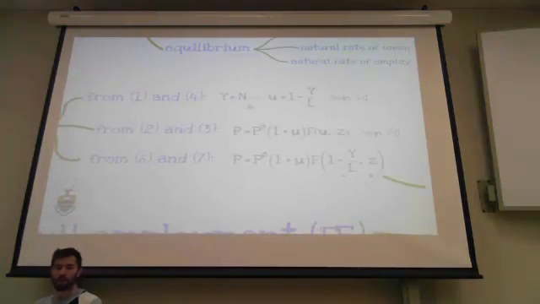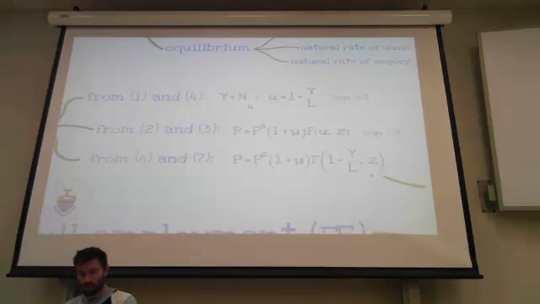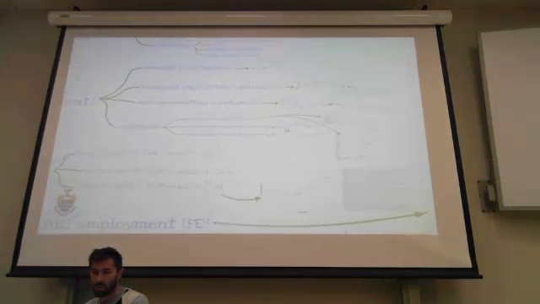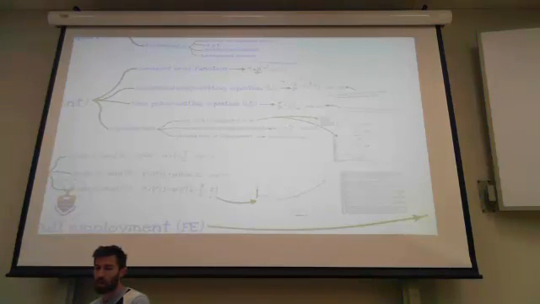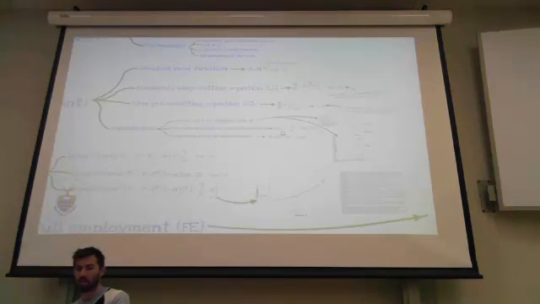So if we look at those equations and say y is equal to n, where n is the number of people employed, and we know that u is the unemployment rate, then from equations 1 and 4, let me show you exactly what that means. We call this one equation 1, y equals n, and this one equation 4.